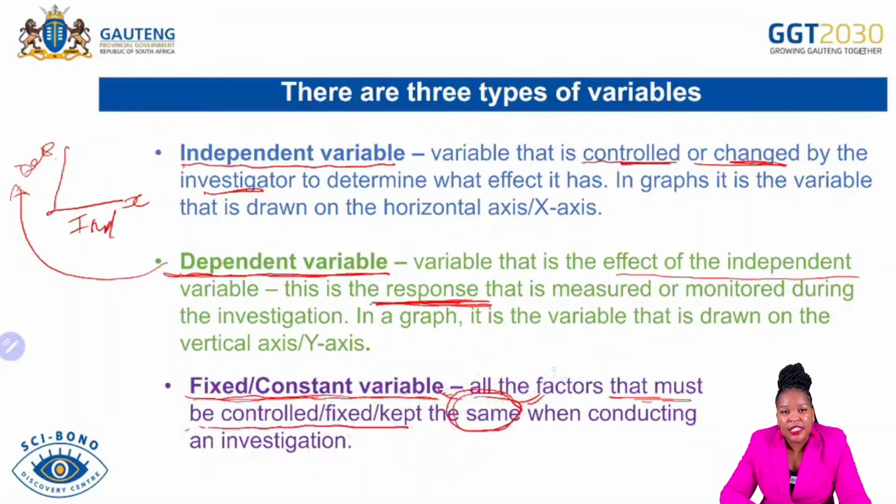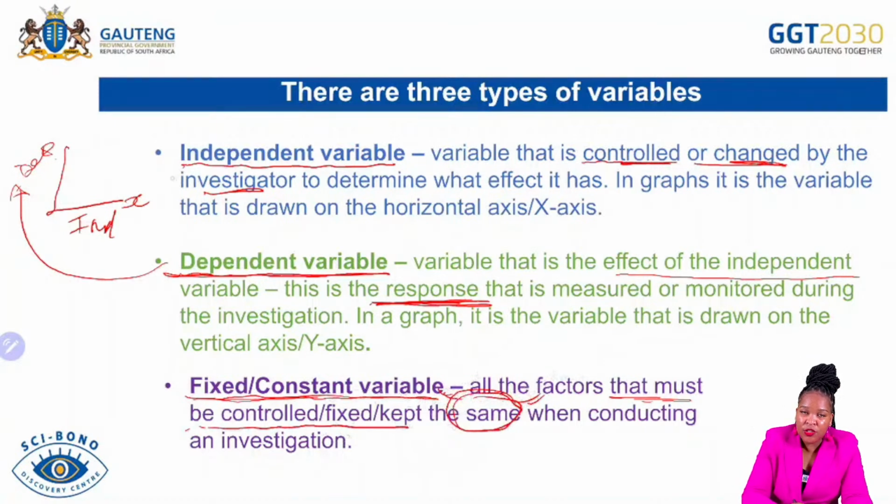We will talk about validity later because it's something that you also need to know. Right, so those are the three variables that you need to know when you are answering an investigative type of question: your independent variable, your dependent variable, and your fixed variables.